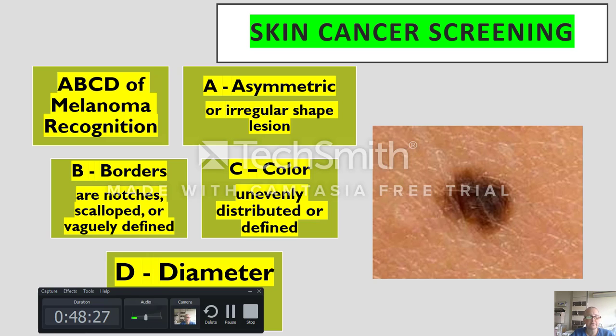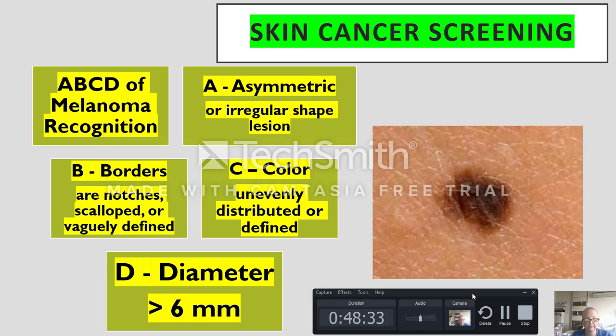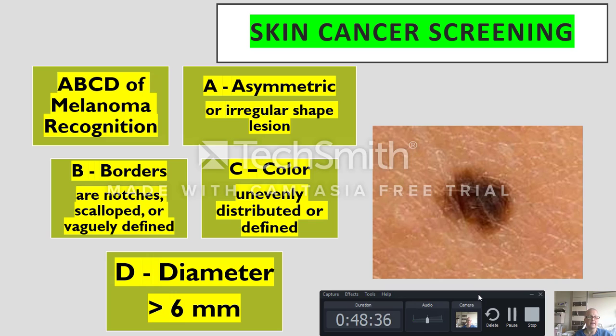Skin cancer screening. The ABCD of melanoma recognition. A, asymmetric or irregular shaped lesion. That definitely has an irregular shaped lesion.